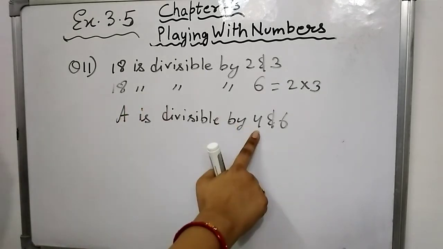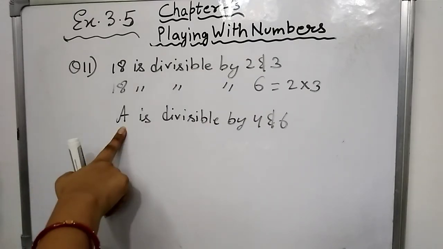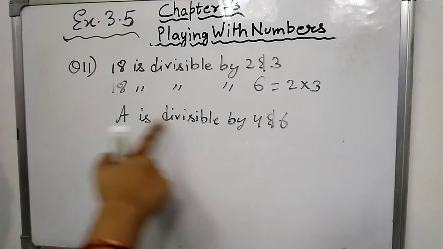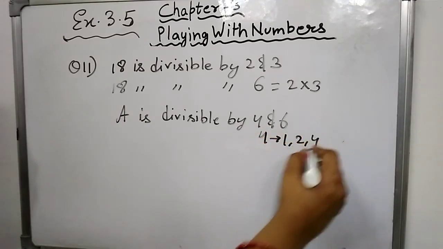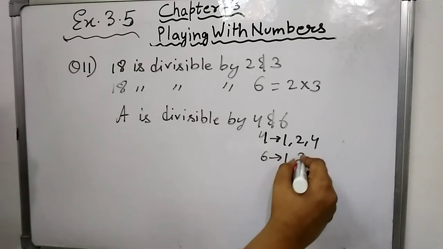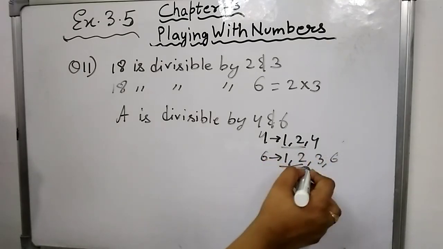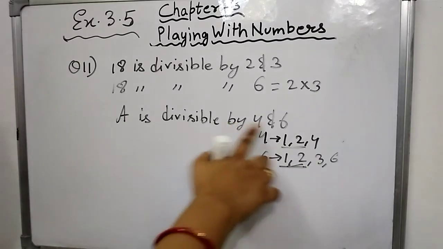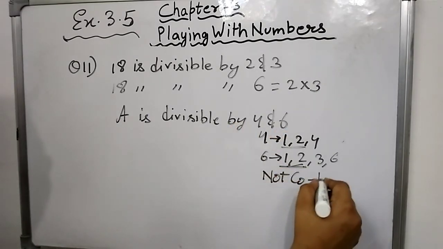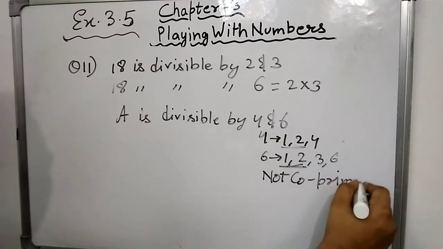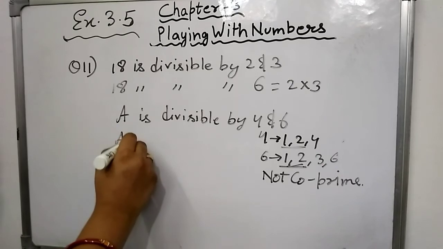Now see, if 4 and 6 are co-prime numbers, then only this number can be divisible by their product. So let's see. 4 has factors 1, 2 and 4, and 6 has factors 1, 2, 3 and 6. These numbers have 2 factors common. So that means these are not co-prime numbers. That means the number is not necessarily divisible by 24.